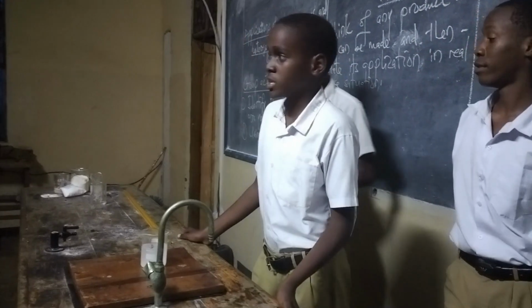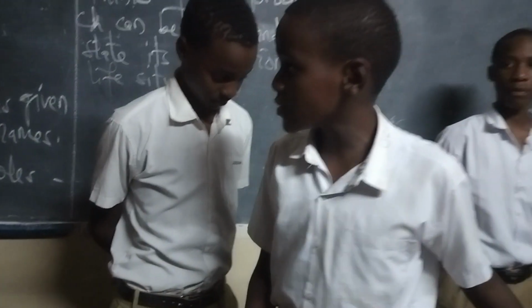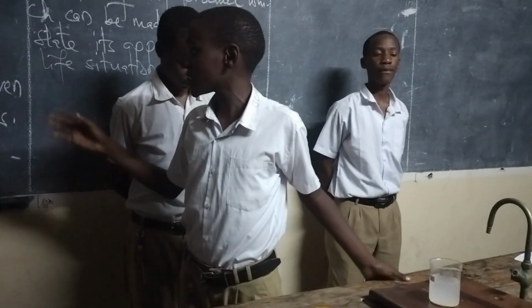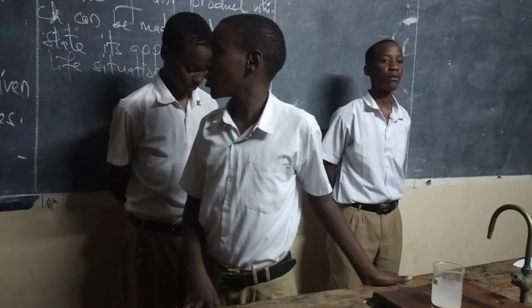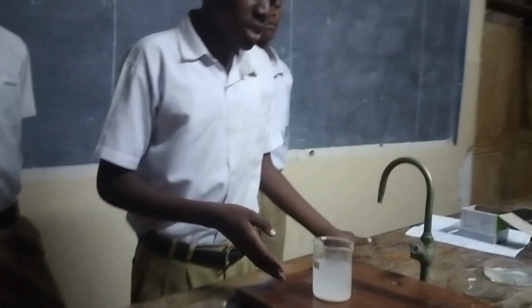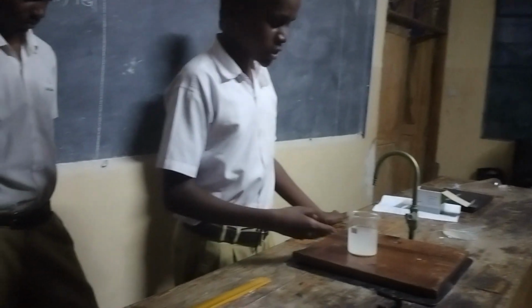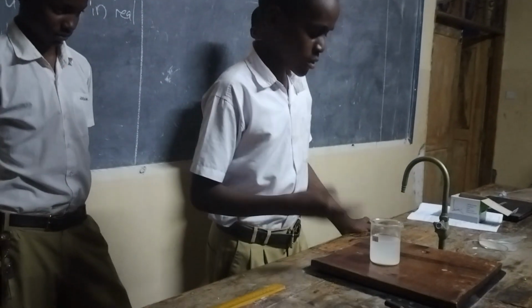Hello, my fellow students. As our first task in our group activities, which says identify the samples given to your group by names, this is a sample of heterogeneous mixture made of wheat flour, salt and water.